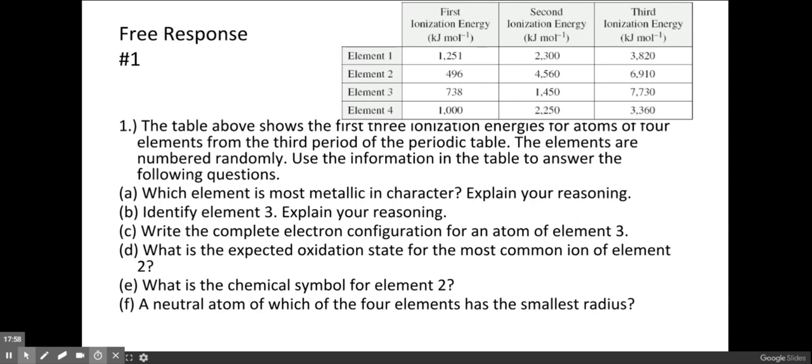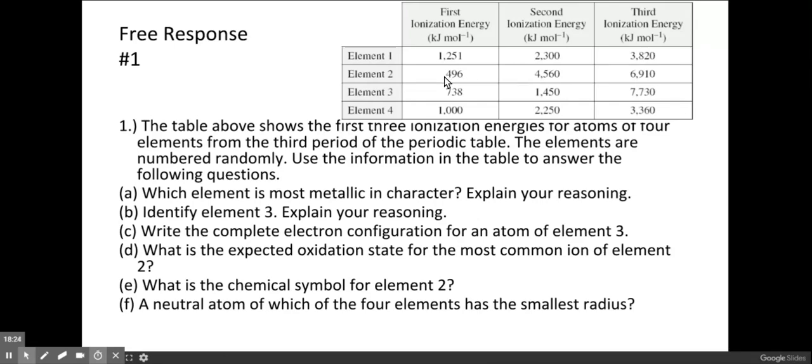So the element with the smallest radius is going to be the one farthest to the right in the period. If we look at first ionization energies, remember Zeff, or effective nuclear charge, is increasing as we go across the period. So as you go across the period, it should get more and more difficult to remove that first electron.